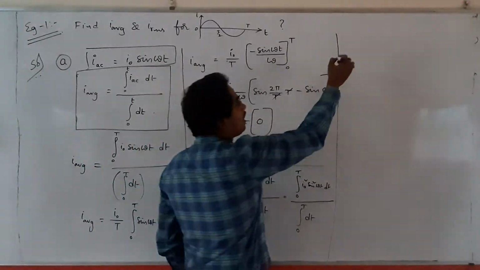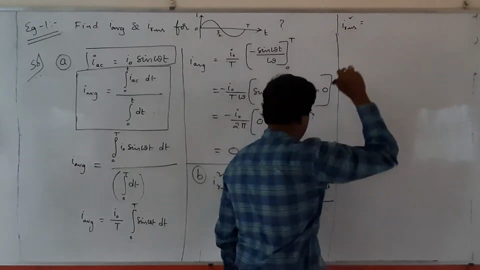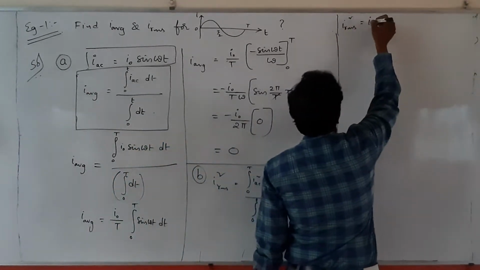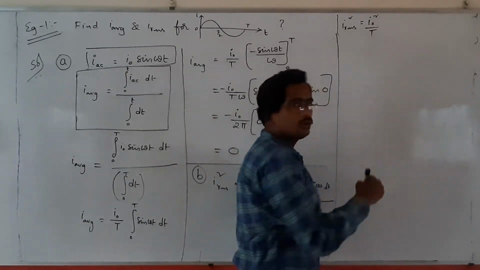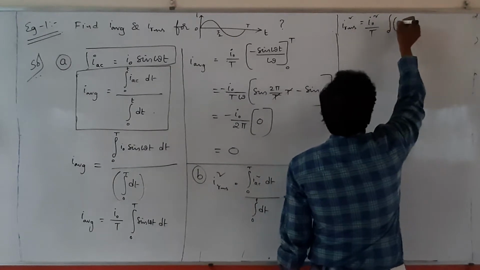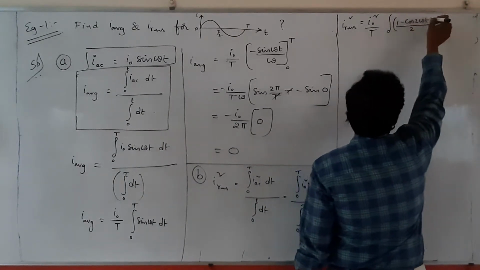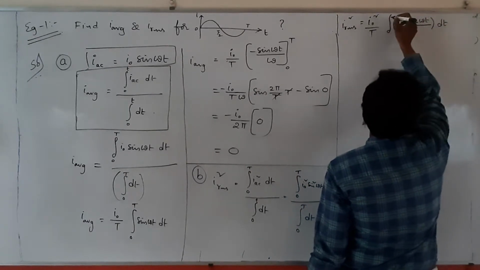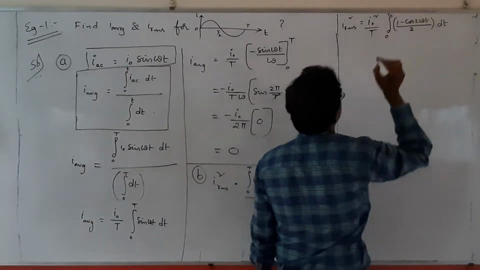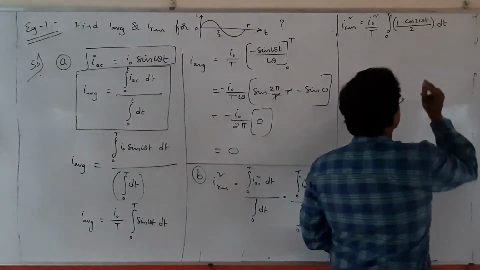Okay. So then IRMS square equal to I naught square by T into integral of sin square omega t, which means 1 minus cos 2 omega t by 2, into dt, divided by, that's only remaining, 0 to T. Sin square theta formula, what?